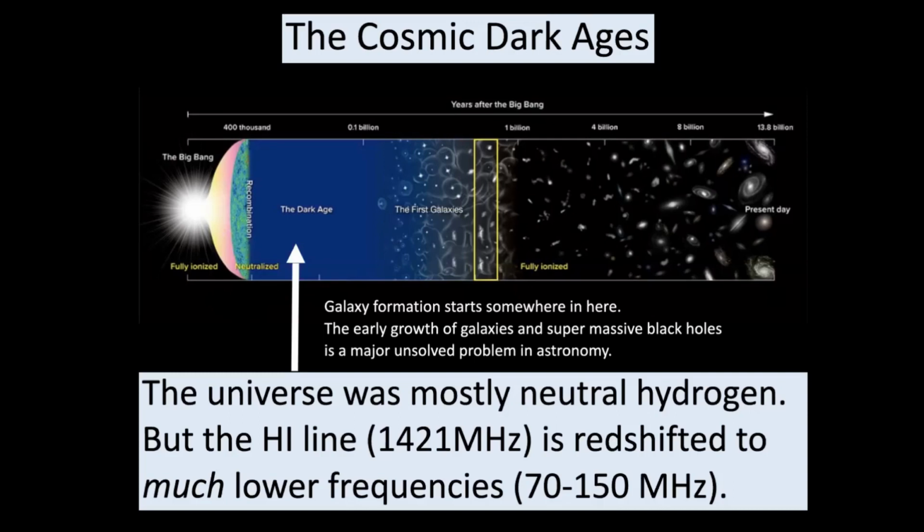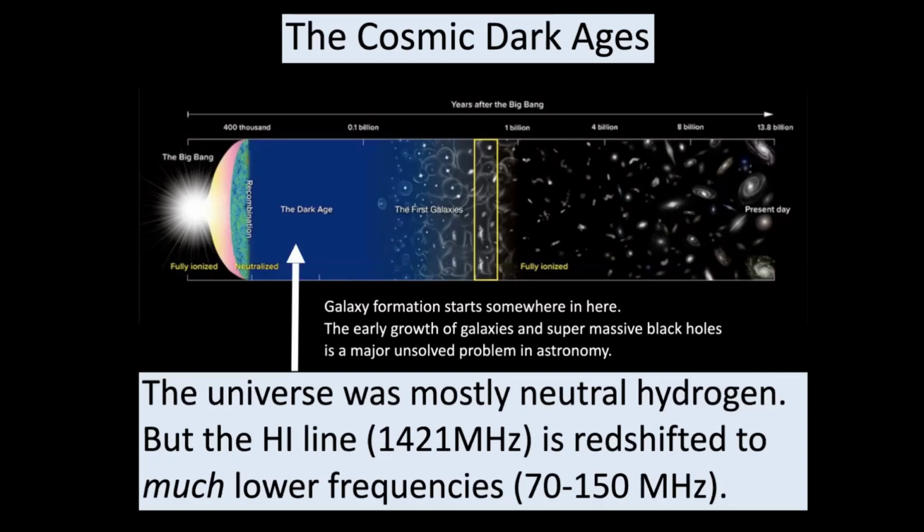So in order to study that, first of all, you need an enormous improvement in sensitivity, and you need to work at very low frequencies, which has problems of its own in seeing through the ionosphere.